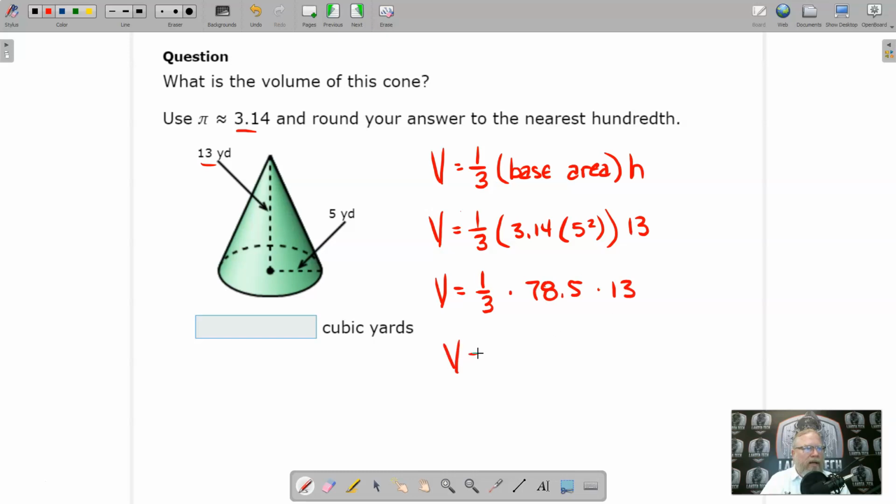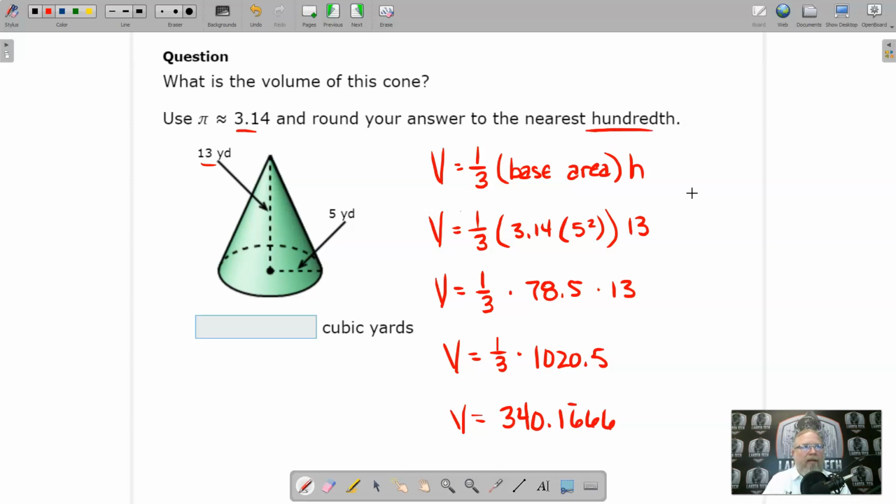Now I will keep the 1/3 for now. 78.5 multiplied times 13, I'm going to get 1020.5. And now I will divide the 1020.5 by 3, which is the same as multiplying that times 1/3. So divide by 3, and I get 340.1666, and the 6's just keep going. So this is a repeating 6.